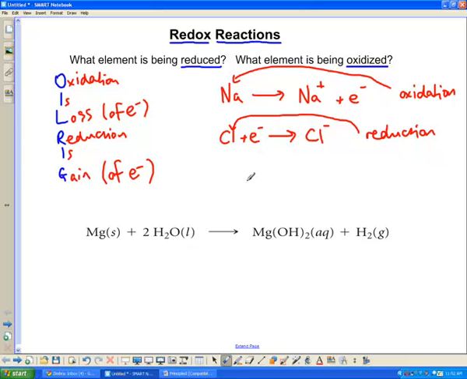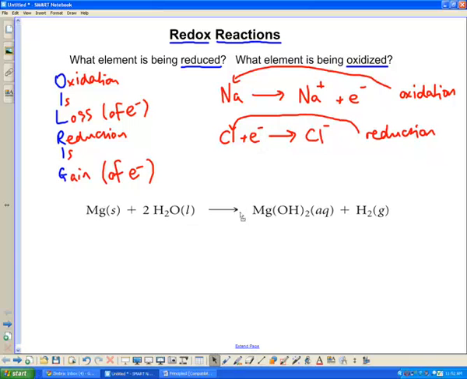Now let's take a look at this reaction right here. I don't want to focus too much on the electrons at this point. I just want you to understand what's happened to the oxidation states. The oxidation state of the sodium here is 0, just as the oxidation state of chlorine here is 0.